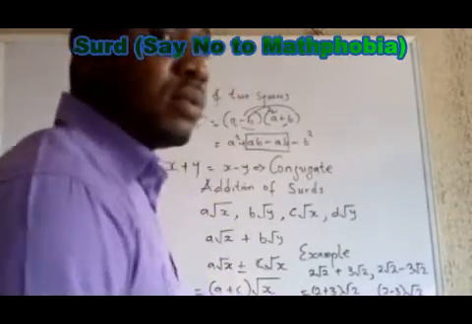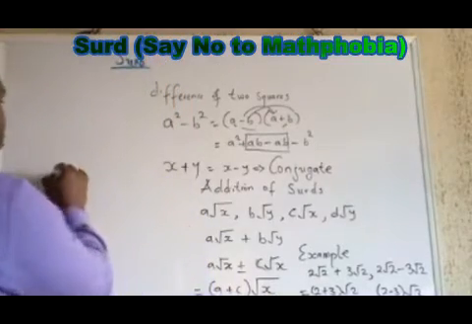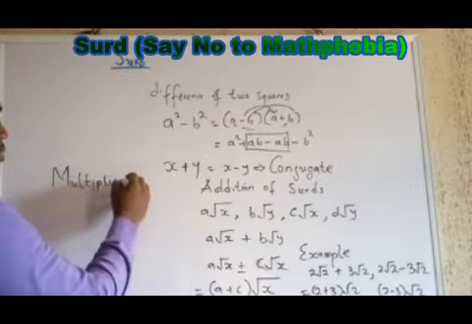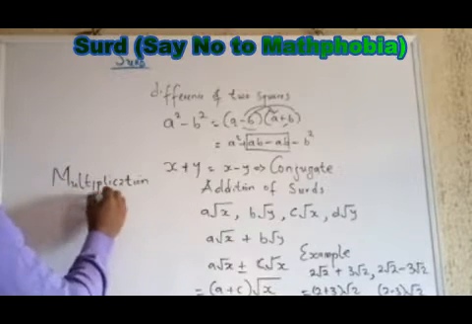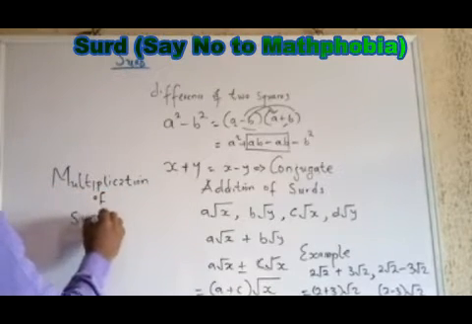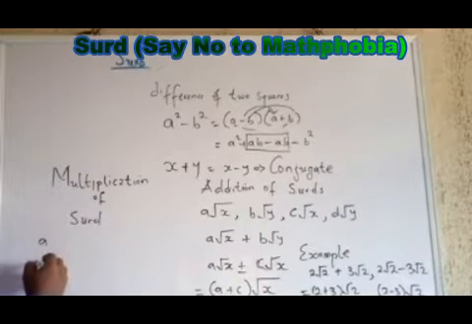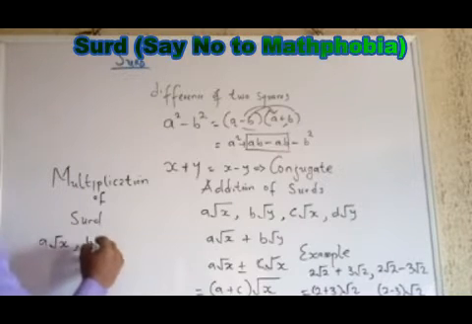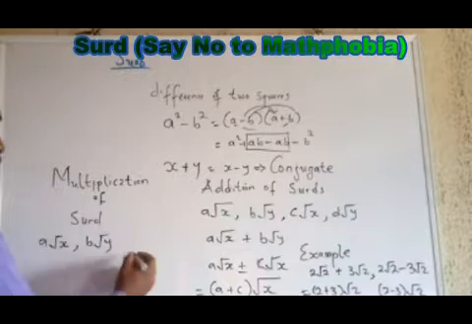We go to surd multiplication. Multiplication of surds. Similarly, you can have a root x and b root y multiplying each other.